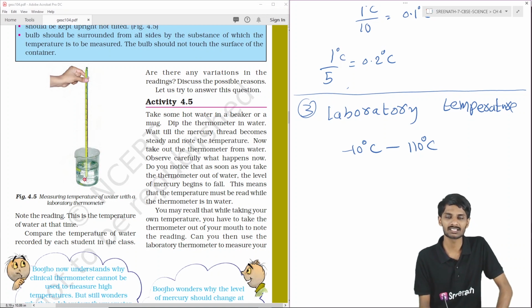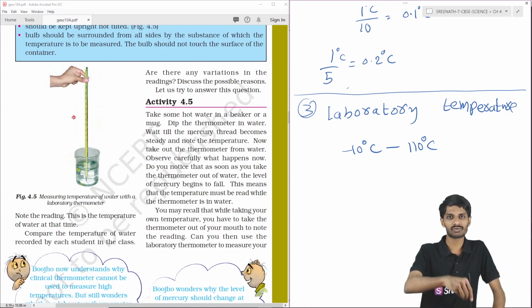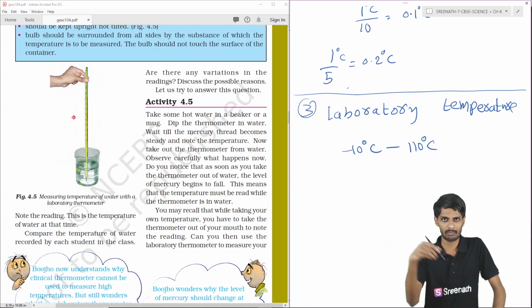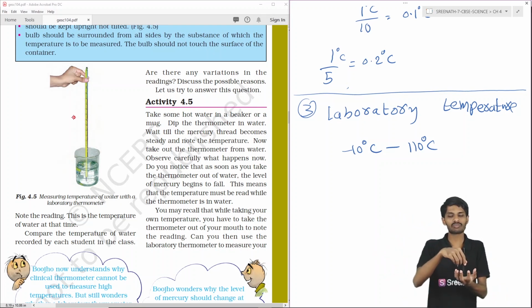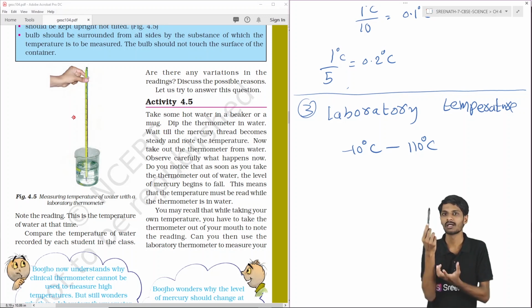Place the thermometer again and see that the mercury level in the thermometer goes on increasing. Then remove it from the hot water beaker and observe the thermometer reading.